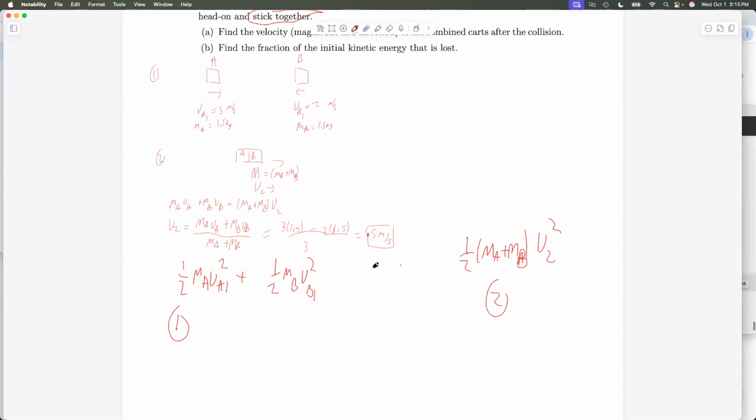So we're going to subtract all of this minus that to see how much we lost to deformation, making these things stick together because they literally plastically deform. Maybe we're breaking stuff, we're creating sound, we're creating heat, we're breaking chemical bonds. Total energy is conserved, but we have no way of tracking where that other energy went to. What we're tracking here is what happened to the kinetic energy.